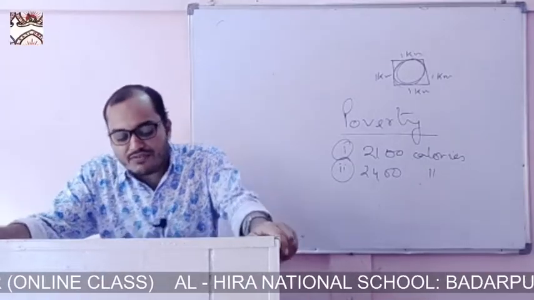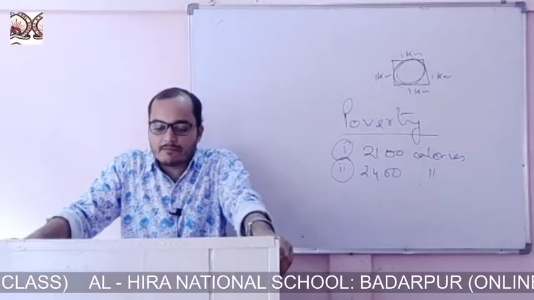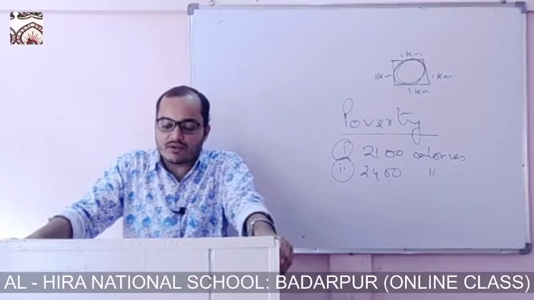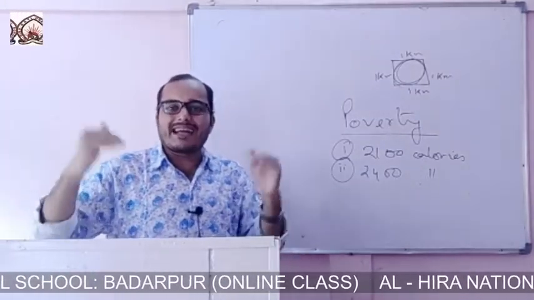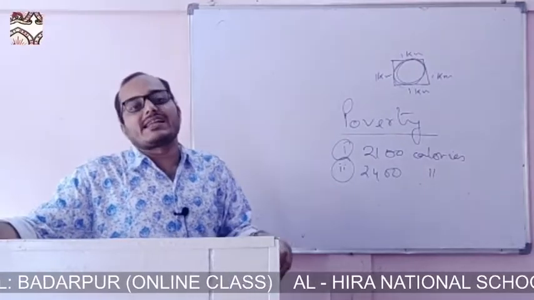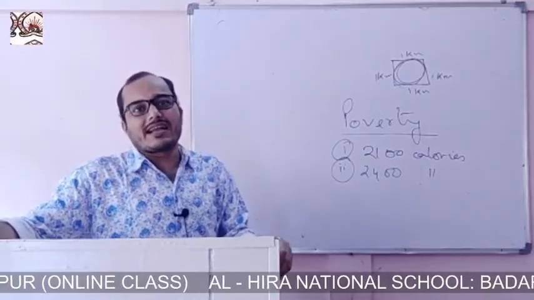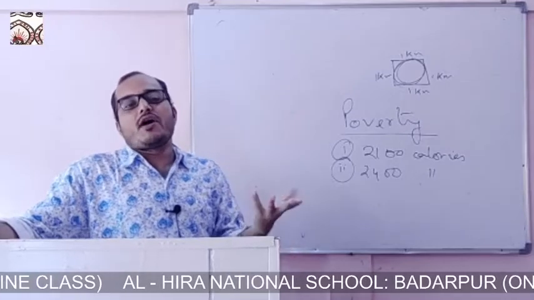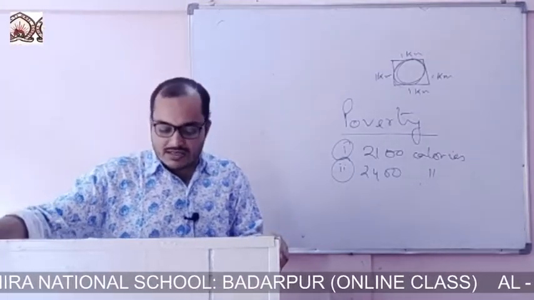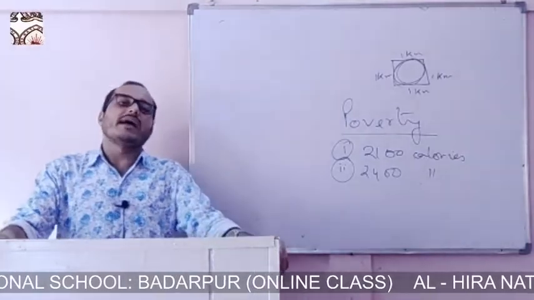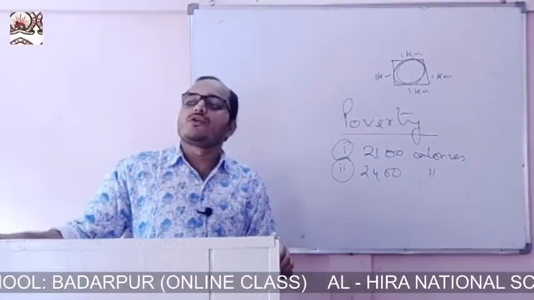Now, there are a number of reasons responsible for the growth of population. One is the high birth rate, which means the birth rate is high. Then illiteracy: people are not literate, they do not have the idea of family planning or the exhaustion of resources. And poverty, garibi. So what is poverty?